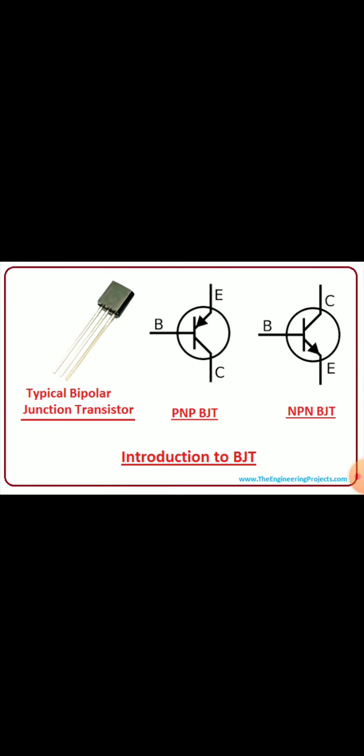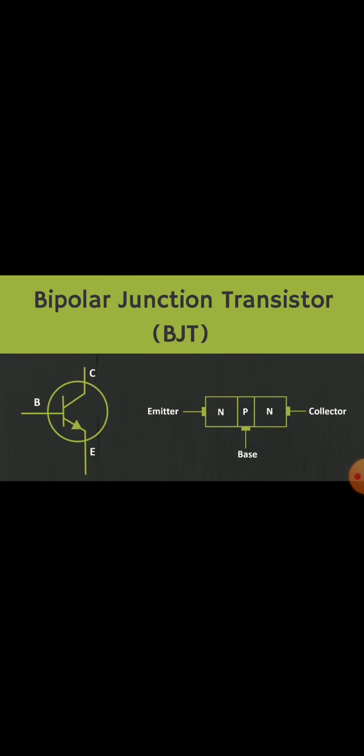In the PNP transistor, the first is the emitter, the second is the base, and the third is the collector. In the NPN transistor, the first is the collector, the second is the base, and the third is the emitter. This is the symbol and the basic diagram of the bipolar junction transistor.